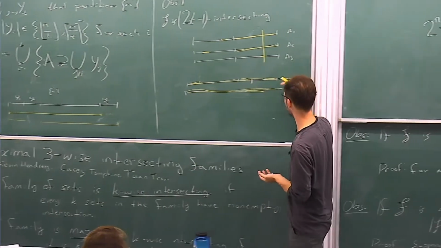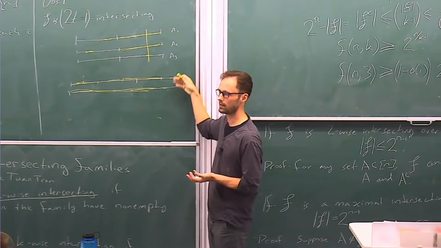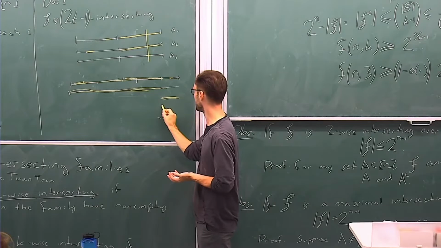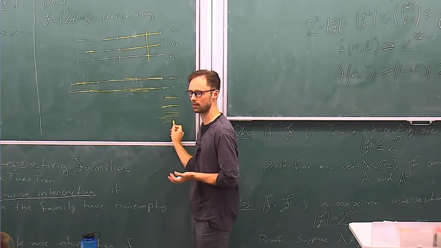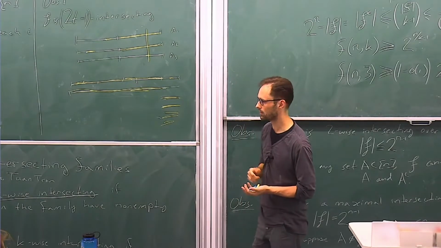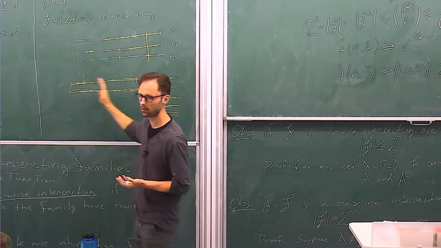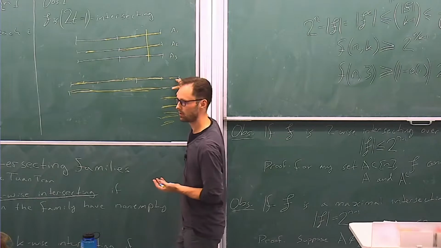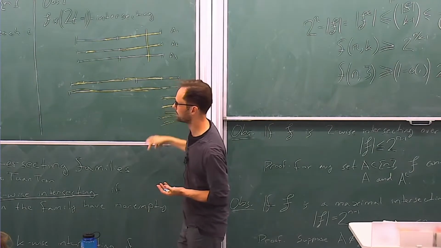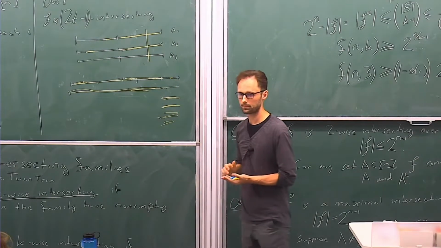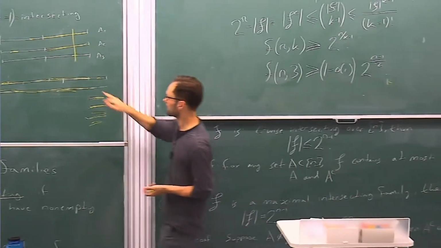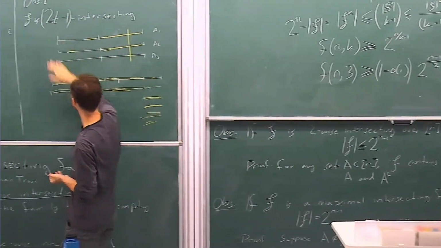Once you have these two sets in the family, then it doesn't matter. All the rest of them can completely contain this section. So if you want to kill the entire underlying set, you're going to have two from each subfamily. And so that's why it's 2t minus 1 intersecting.